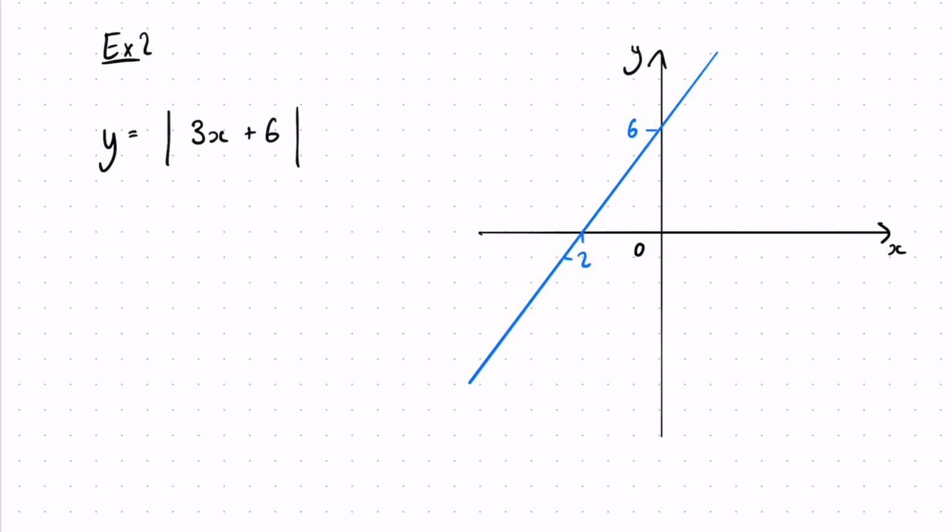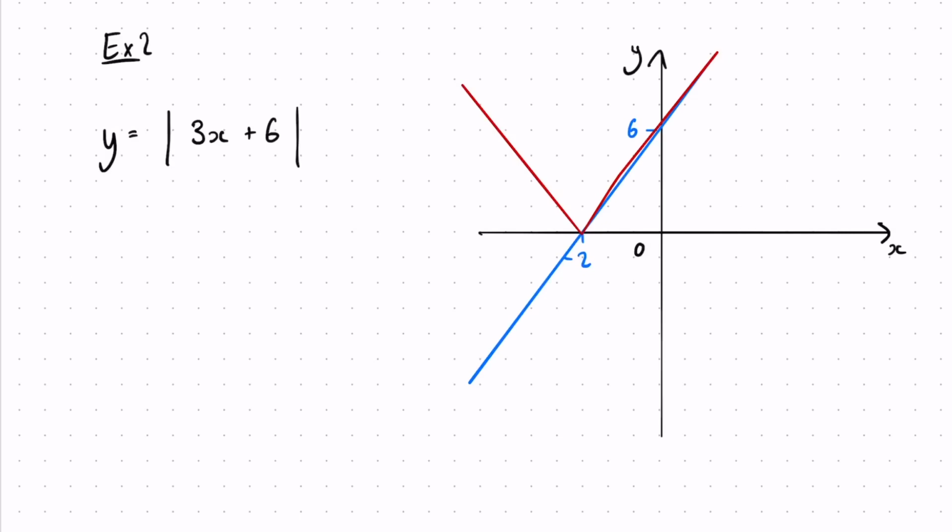Okay, again, because the 3x plus 6 is all modulus, it's only ever going to return positive y values. So when it gets to the point where it would go to negative y values, it's just going to flip up. Still going to cross at 6, but then you're going to get a symmetrical graph in the x-axis.